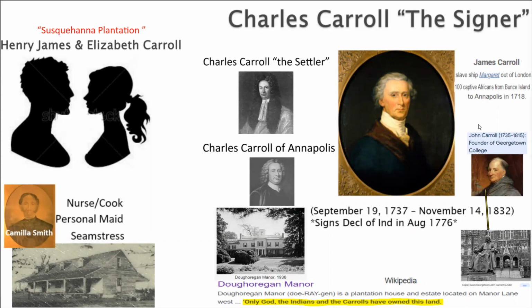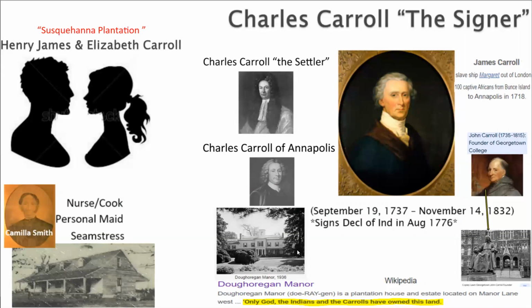And then there's another Carroll whose name some of you may know, John Carroll, the founder of Georgetown College. If you've ever been on the campus at Georgetown, there's a monument right in front of Healy Hall in the middle of the campus, and that is none other than John Carroll. So again, these were famous, rich, and powerful people.